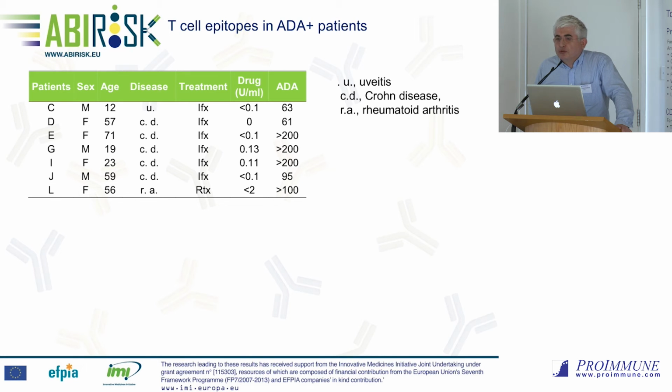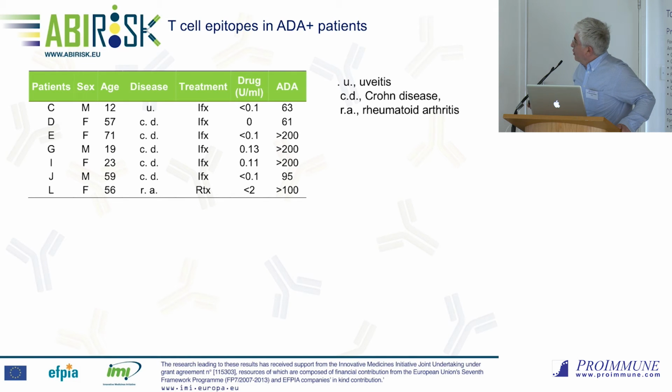Something that you already discussed during this session is the access to patients that have already mounted an ADA response. And so we were happy to get these samples and to get the PBMCs of these donors. Unfortunately, there are not so many. So we got PBMCs from 7 donors.